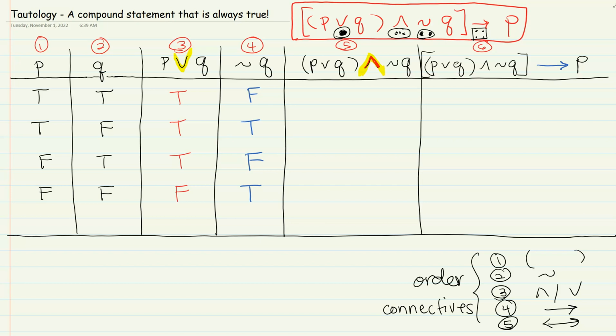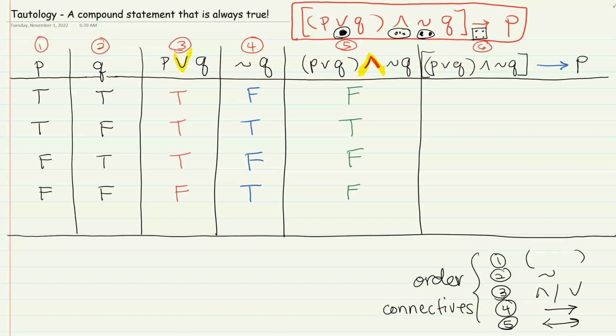So true and true, when they are both true, the and statement is true. True and false, only one of them, so the and statement is false. And then false and true will result in a false statement, because I need both to be true in order for the and statement to be true.